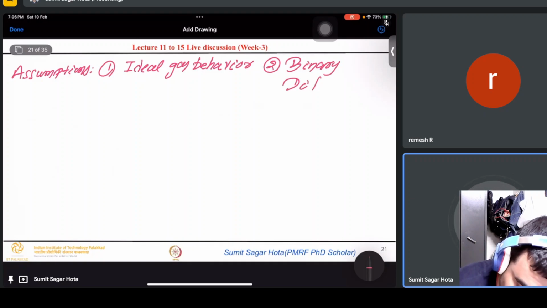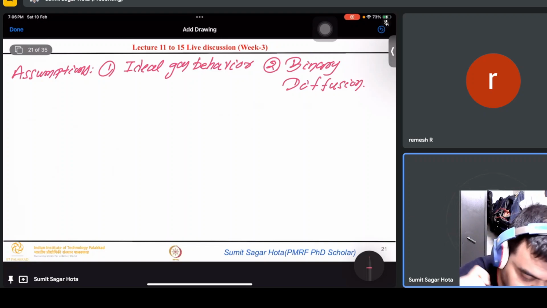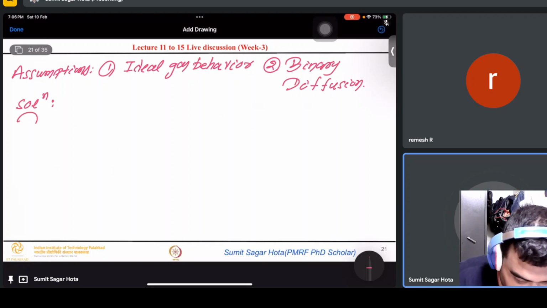This I think is already covered, what is binary diffusion. What are the formulas are already covered, so I just write down the formulas. What are the formulas for binary diffusion we have?